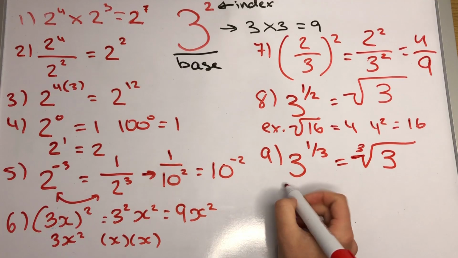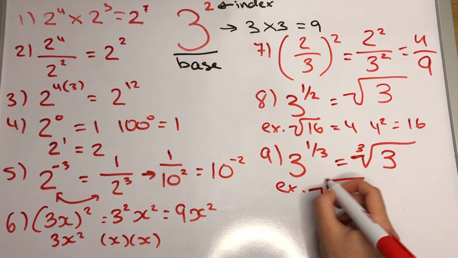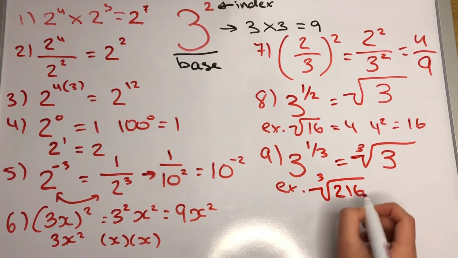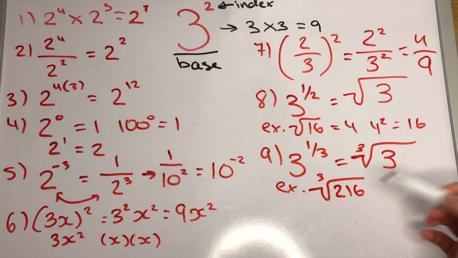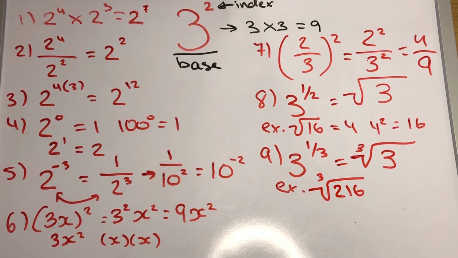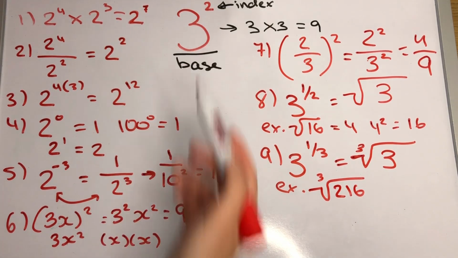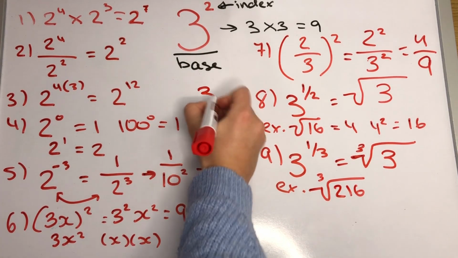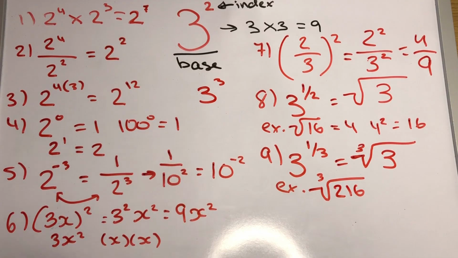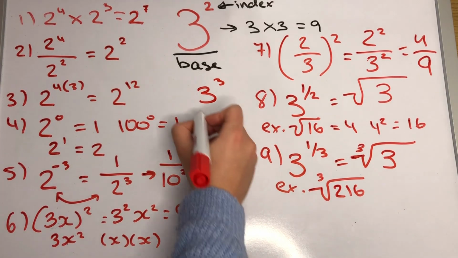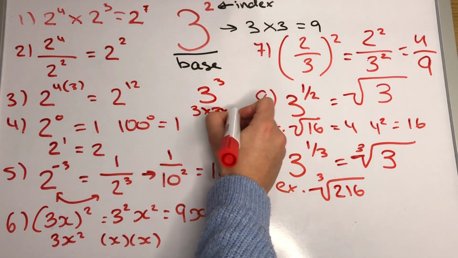So another example of this could be the cube root of 216. So how would we work this out? Well, you ask yourself, what number, when cubed, not squared, will give us 216? Cubing something is its index being 3. So this will mean 3 times 3 times 3.